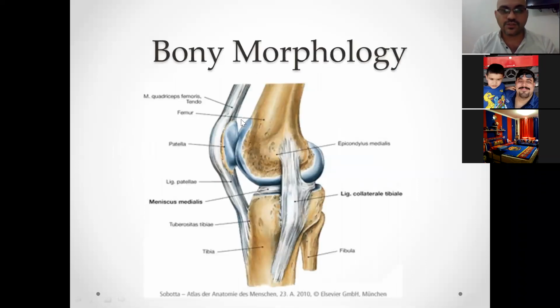You know that the knee joint is composed of the femur, tibia, and the patella, and there is a soft tissue envelope, which contains the major ligaments and tendons. We have anteriorly the quadriceps tendon and the patellar tendon, ligamentum patellae, and you have the MCL and LCL, in short, the medial and lateral collateral ligaments.